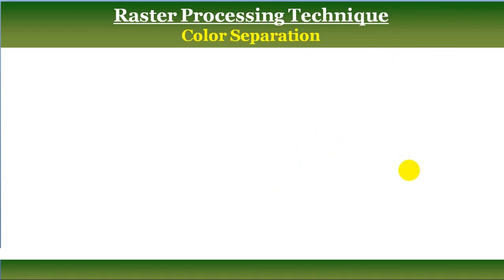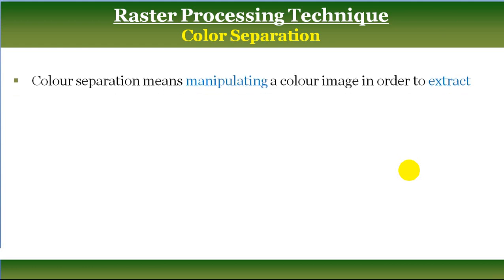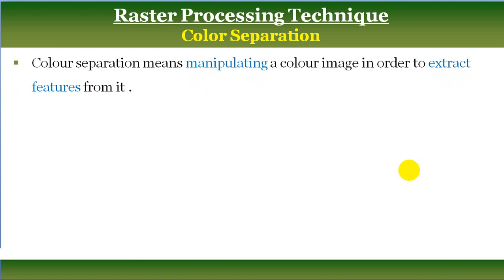If you have a color image, then we can also perform the color separation technique. Color separation means manipulating a color image. If you have a color image, we will manipulate it, and by doing manipulation we will extract features from this color image.